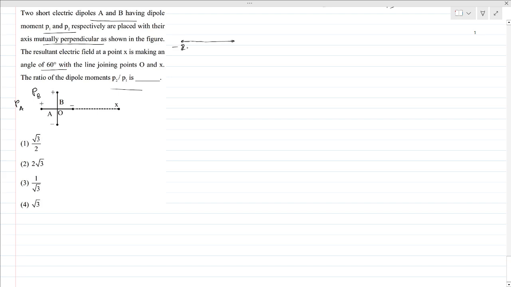So if I write minus Q and plus Q, two equal and opposite charges separated by distance 2a, then the electric field for a point on the axis, let's say point P at a distance r, can be written as E axial equals 1 by 4 pi epsilon naught into 2p by r cube into p cap.